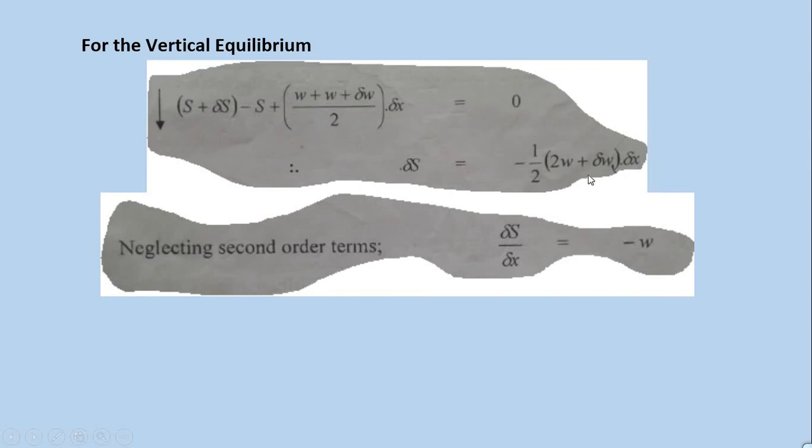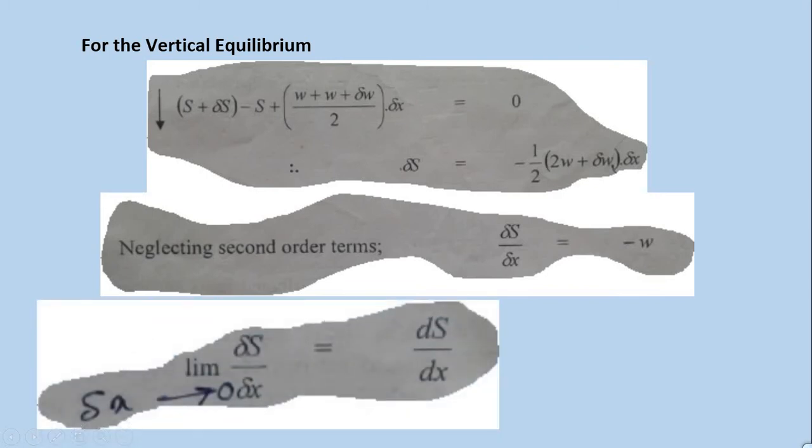After cancelling the delta w into delta x term to 0, we can take delta S over delta x equal to minus w. In this case, delta x is very small. If we consider delta x limit to 0, delta S over delta x becomes dS over dx.